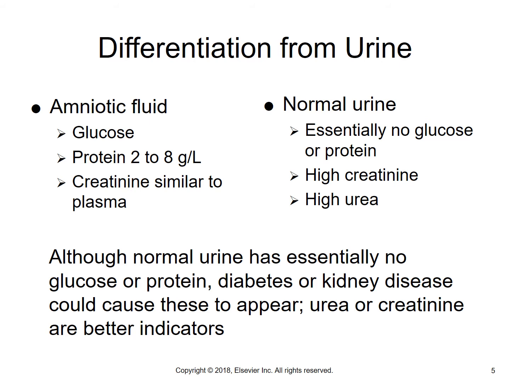Amniotic fluid contains glucose and a significant amount of protein, and later on in pregnancy, the creatinine concentration would be similar to that of plasma. In contrast, urine has essentially no protein or glucose and contains high concentrations of urea and creatinine.